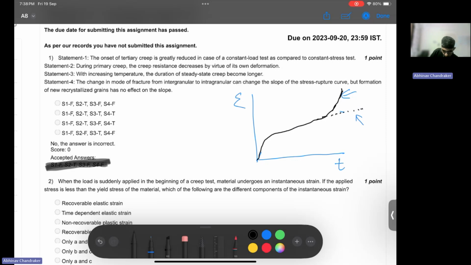So this is the load, constant true stress. The first question is false.